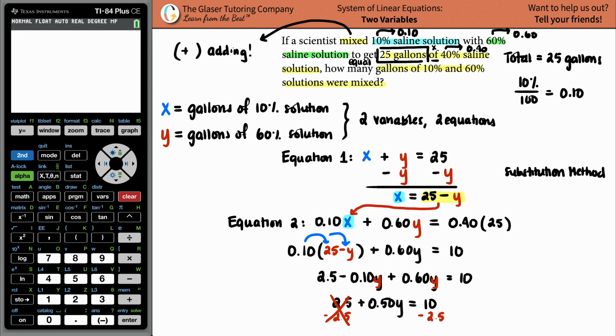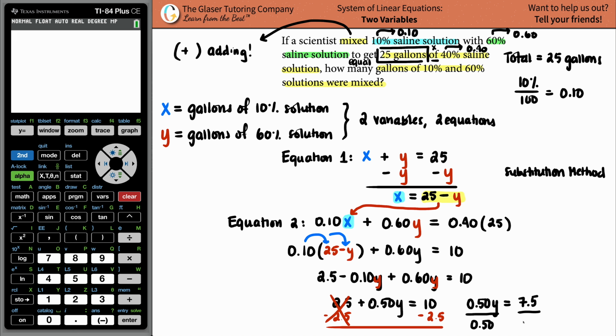I'm running out of room here, so maybe we'll just move it on this side. We're going to keep going. 0.50y equals 7.5. And we've got half of 75, 7.5. So what is that? 150, so 1.5.